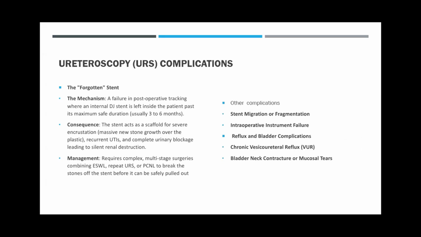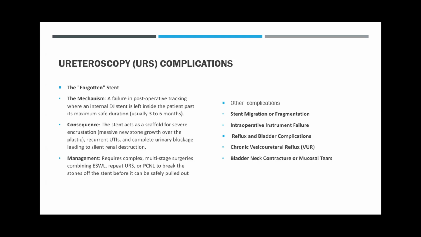And I need to also mention the forgotten stent, which is a failure in post-operative tracking where an internal double J stent is left inside the patient past its maximum safe duration, which is usually 3 to 6 months.